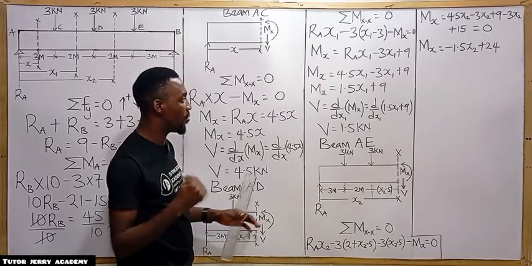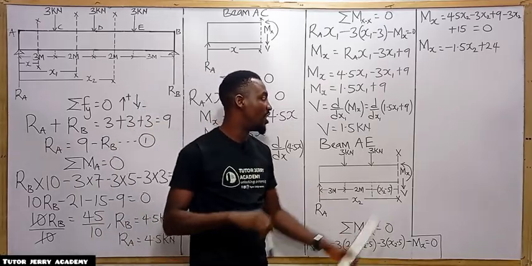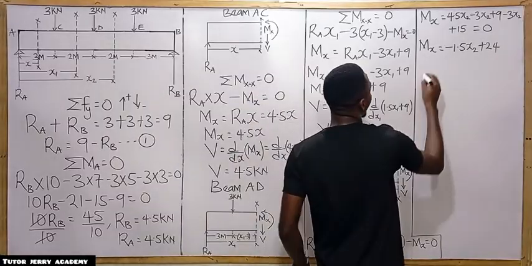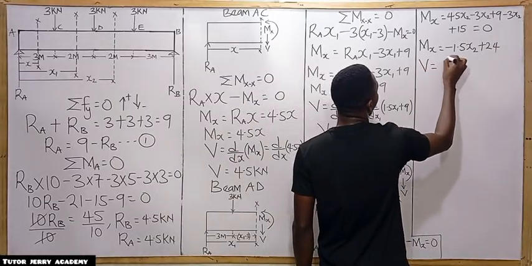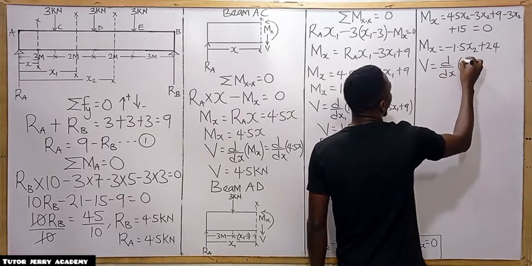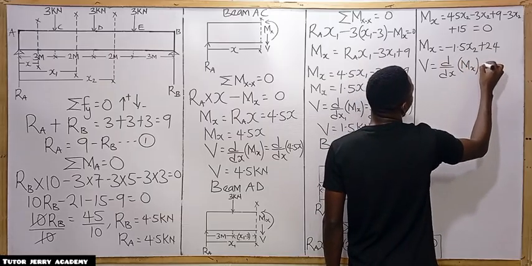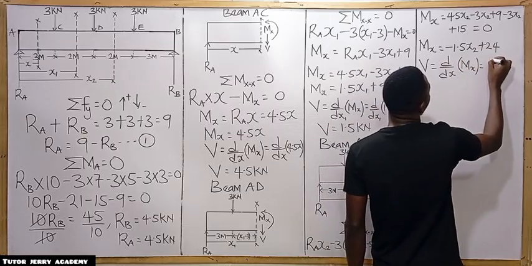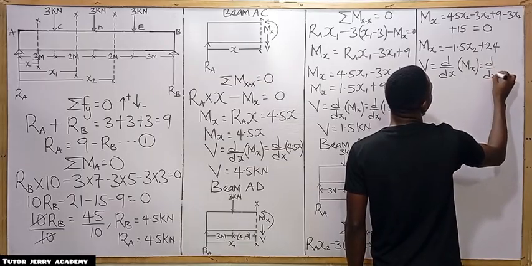The next thing we want to find here is our shear force. So let's go for our shear force. Our shear force will be dM_S over dS2, which is the differentiation of this.